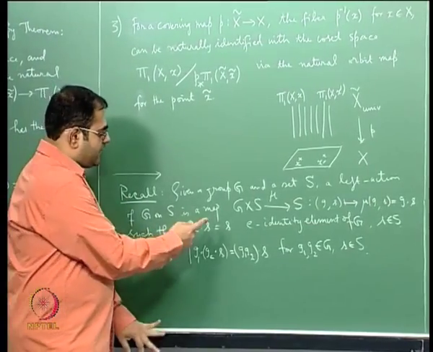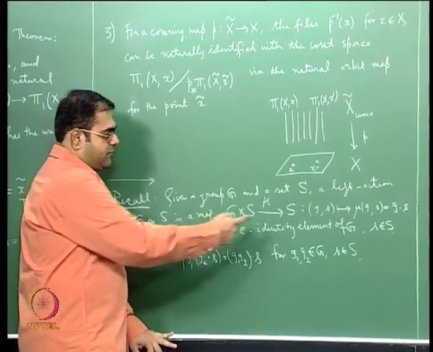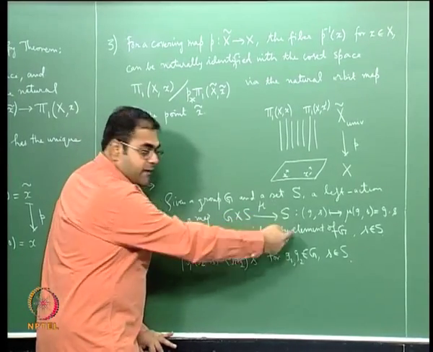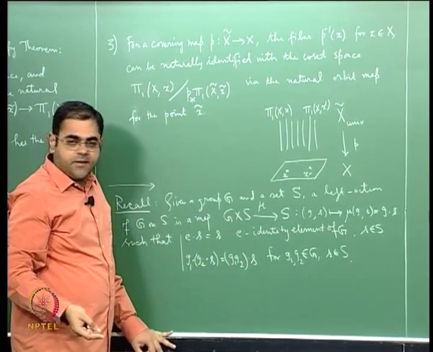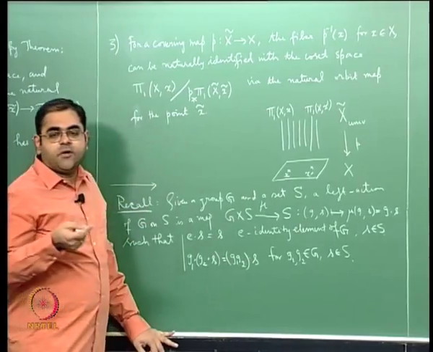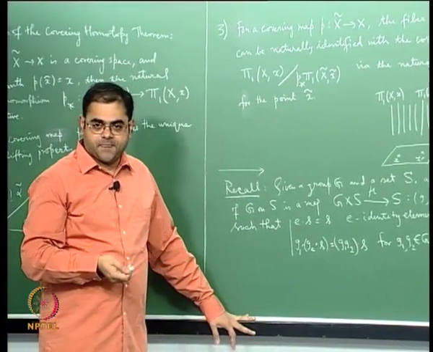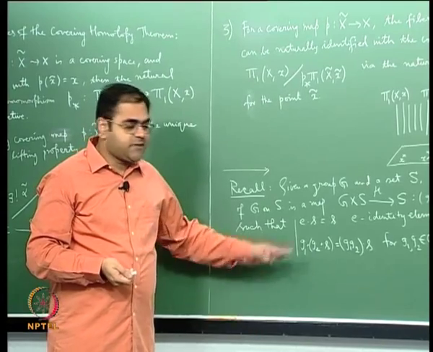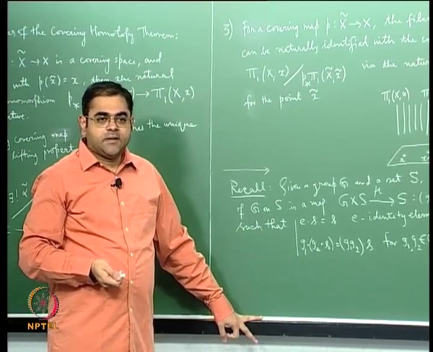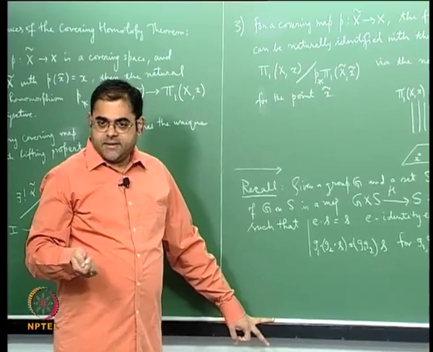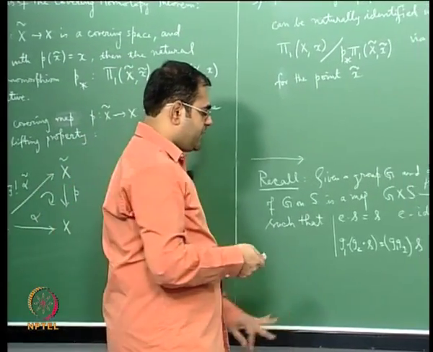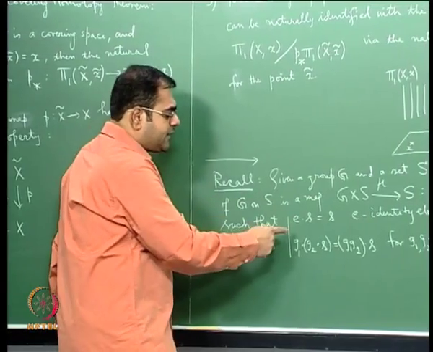In this way, given any element of S, I am going to get another element of S. So each element of G is going to induce a map from S to S, and the definitions will tell you that the map that is induced is a bijective map, namely it is a permutation of S.